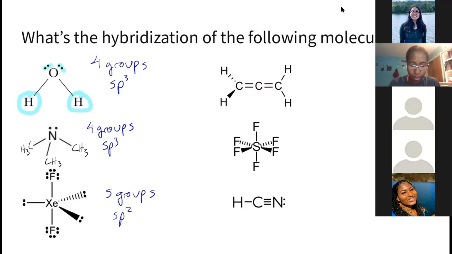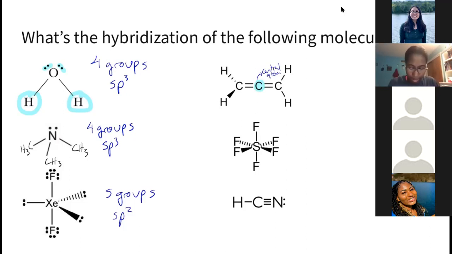Well, maybe it would help if I shaded that this carbon is our central atom. So how many groups do we have around the carbon? Is it sp3? Is there like 4 groups?